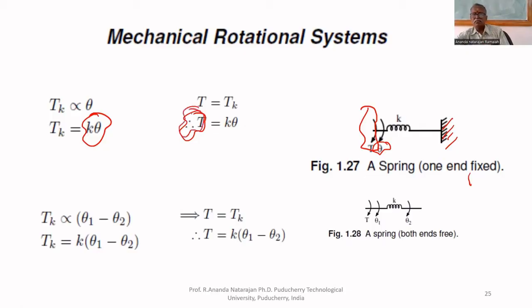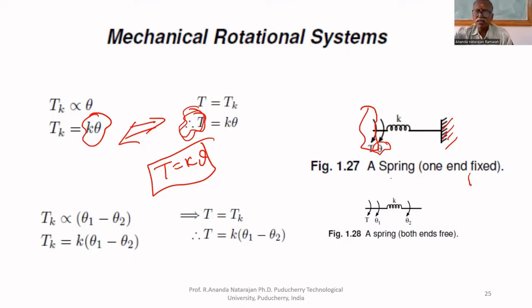Applied torque is T. Therefore, these two must be equal by Newton's law. Therefore, T equal to k theta. That is the mathematical model. Here, mass equal to 0 and there is no dashpot effect. Therefore, the mathematical model is T equal to k theta.